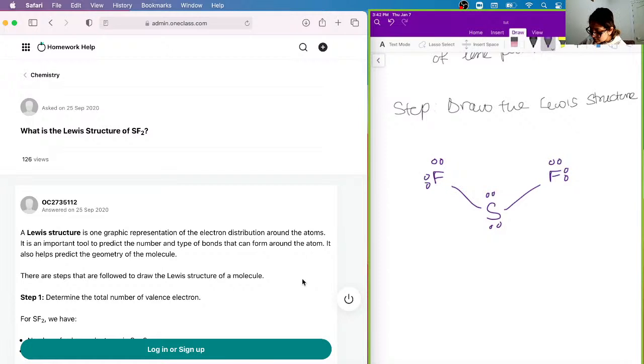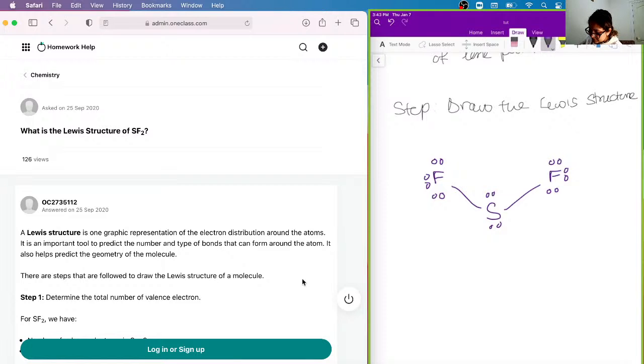So this is how you would draw the Lewis structure of SF2.